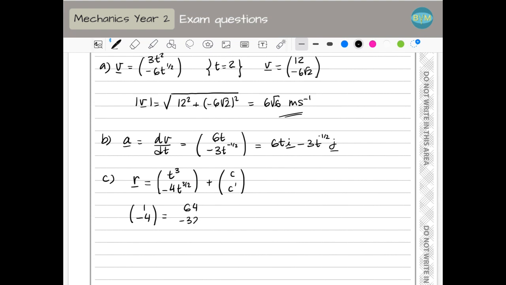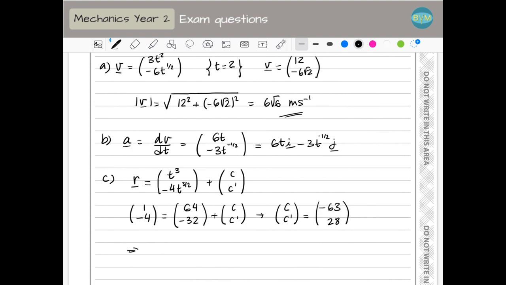So minus 32 plus c prime. That means that my constant of integration, that has two components because it's a vector, is going to be 1 minus 64, which is minus 63, and minus 4 plus 32 is 28.